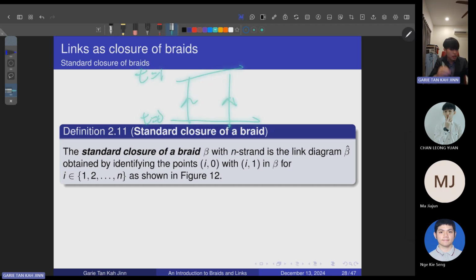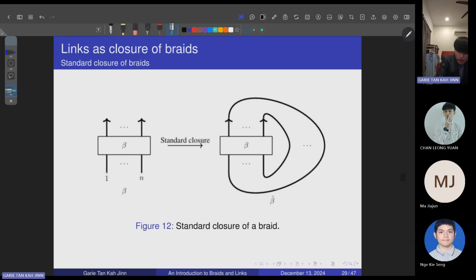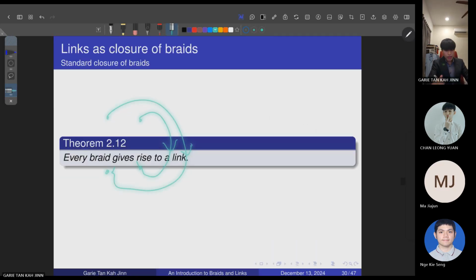Then the standard closure of a braid beta with n strings is that we identify the point (i, 0) with (i, 1). This one, identify. Then this one actually has the orientation. Now we can see that every braid gives rise to a link.